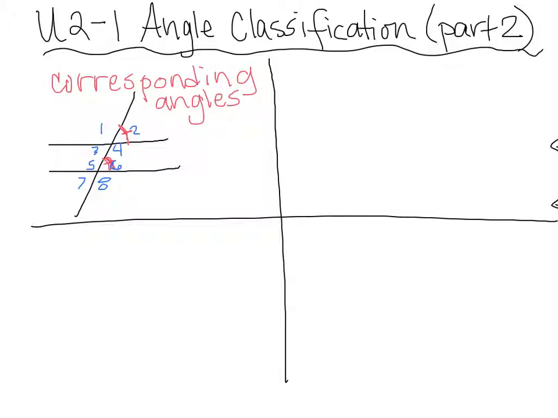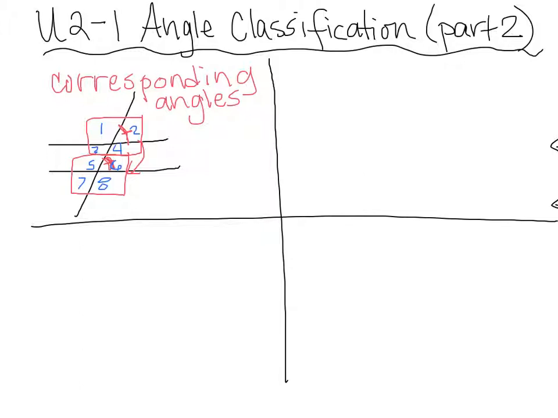Notice how this piece here, these 4 angles, the way that they cross and the way that those angles are formed is just like this set of 4 angles, right? It's almost like you could slide that box with angles 1, 2, 3, and 4 down on top of the box with angles 5, 6, 7, and 8, and certain numbers would slide right on top of others. Those are corresponding angles.